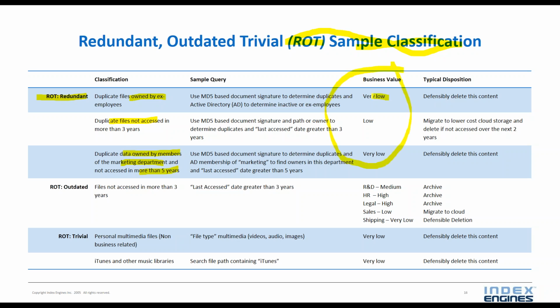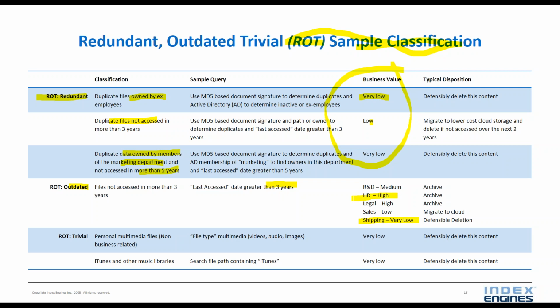So the value is extremely low, low, very low, and then tag the specific disposition strategies according to the value based on the classification. Again, outdated data, you can't really put a classification on it across the board, but data that hasn't been accessed in more than 3 years, it's very low if it's, say, the shipping organization or whatever it's called internally.